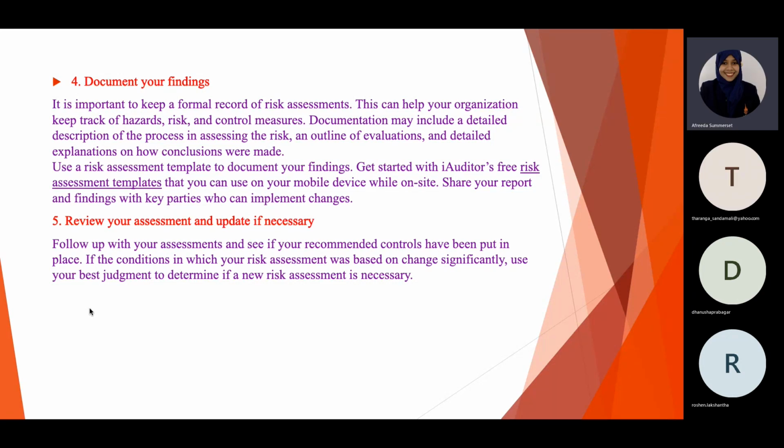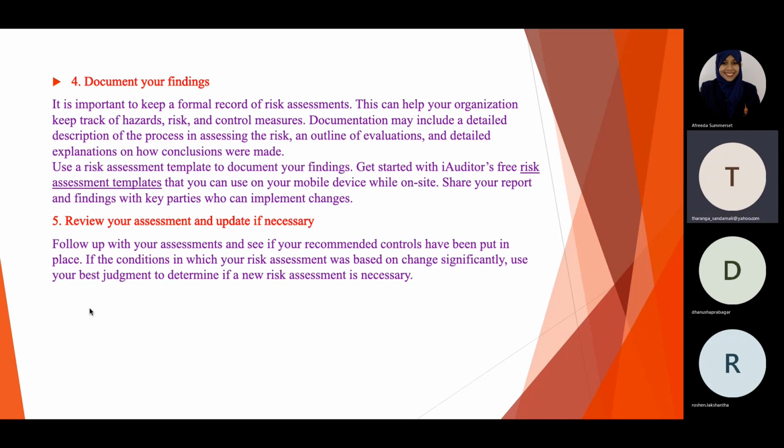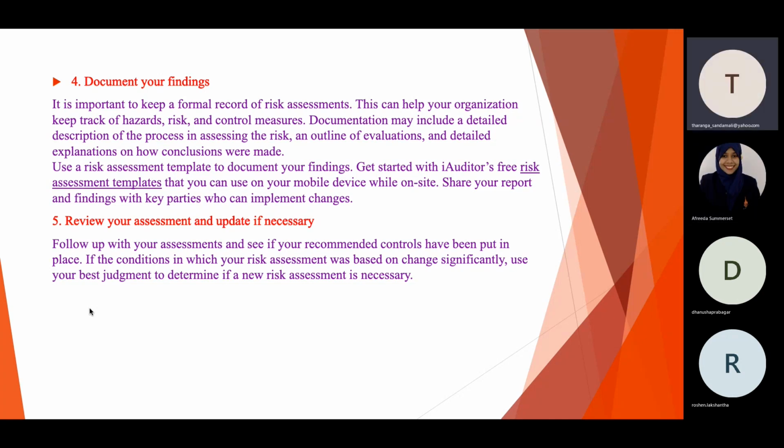Why do you think that is important? We have to tell it to the third person, like the hospital, or we have to give the information.